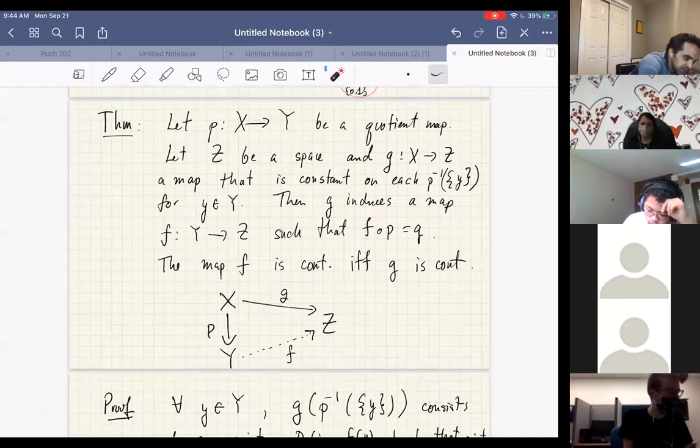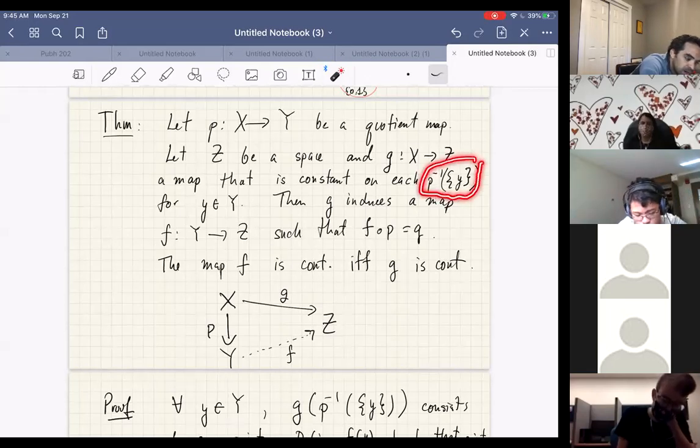And let Z be another topological space, and G be a map that is constant on each of the inverse images P inverse of y, for y any point in big Y. Sometimes these sets are called the fibers of y along the map P, right?